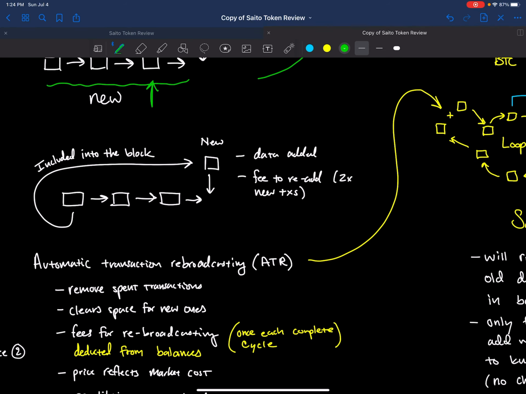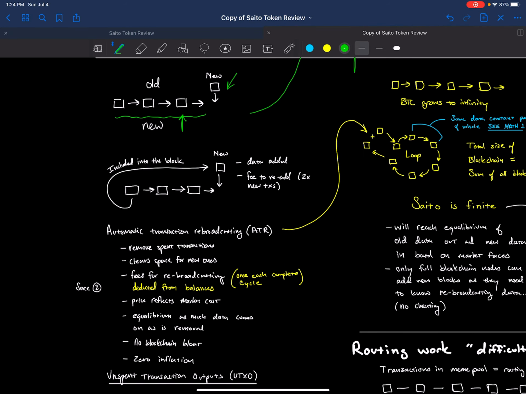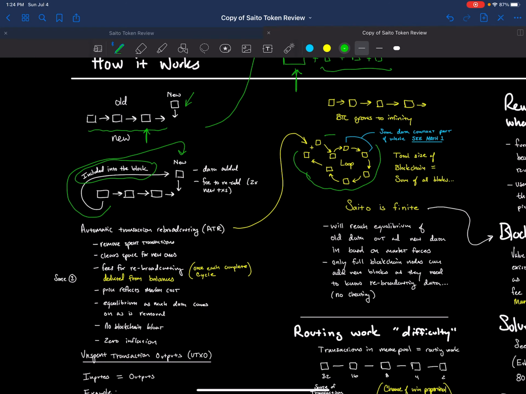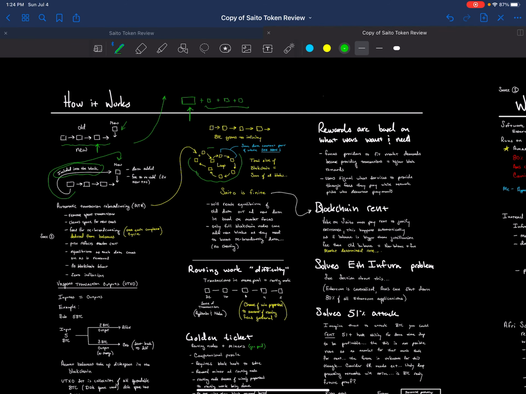What Saito does instead, at the end of some period, is it recycles the oldest block and adds it into the new. So it includes the oldest block into the newest one, and it pays some fee to have persistence, some fee that keeps it in the blockchain. So in effect, the blockchain is kind of like a loop. It's called an epoch, and the blockchain is a loop now.